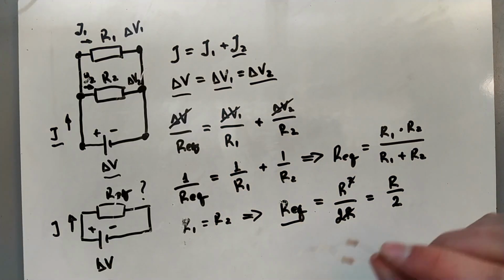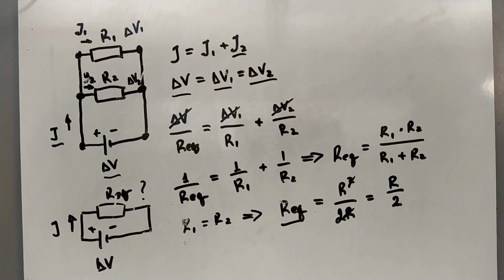With this, I would like to finish our discussion today, and summarizing, we went through the connection of two resistors in series. We figured out that equivalent resistance is equal to the sum of resistance of each resistor connected in series. Also, we considered in detail connection of two resistors in parallel.